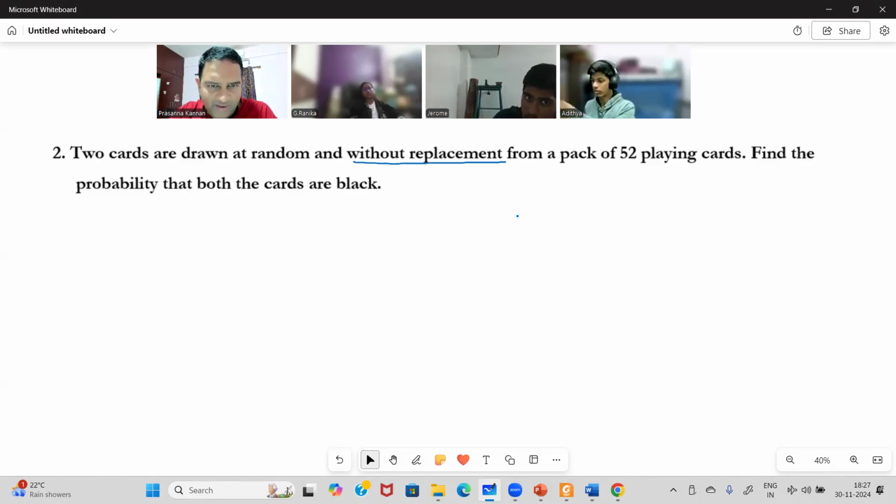Two cards are drawn at random and without replacement from a pack of 52 playing cards. Find the probability that both the cards are black. Correct?